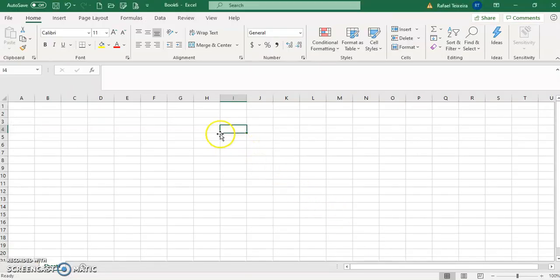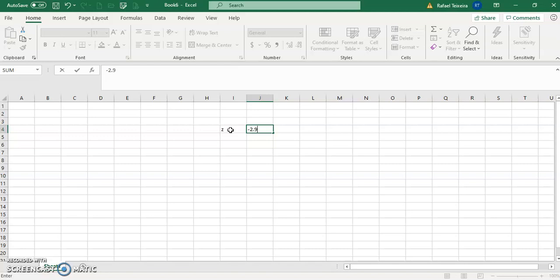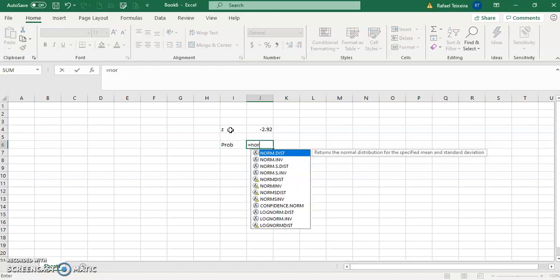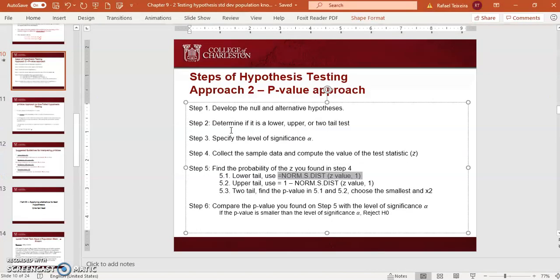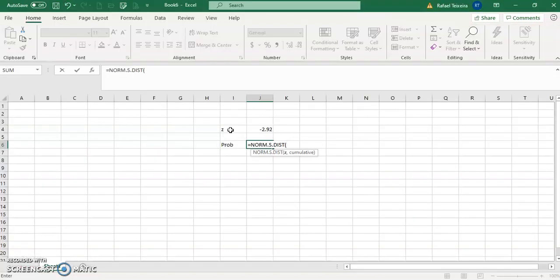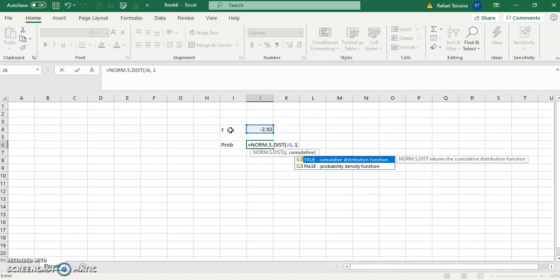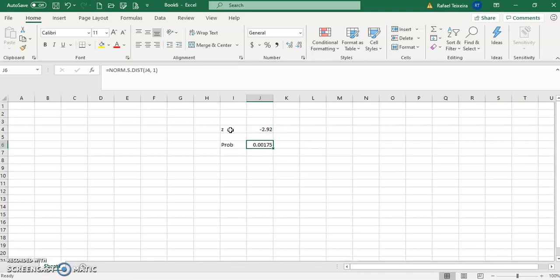Okay, so let me delete this. So my z is negative 2.92. So what's the probability? The probability for that z is going to be equal to NORM.S.DIST, and then I can type or select the cell that has the z-score and type comma and type 1, and this is the probability, 0.00175.